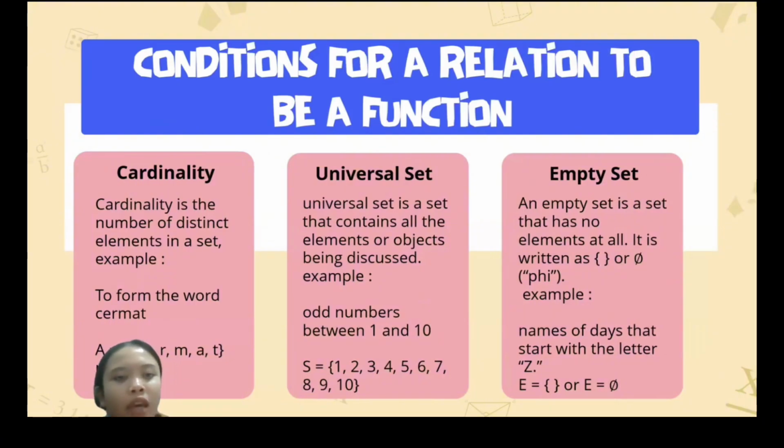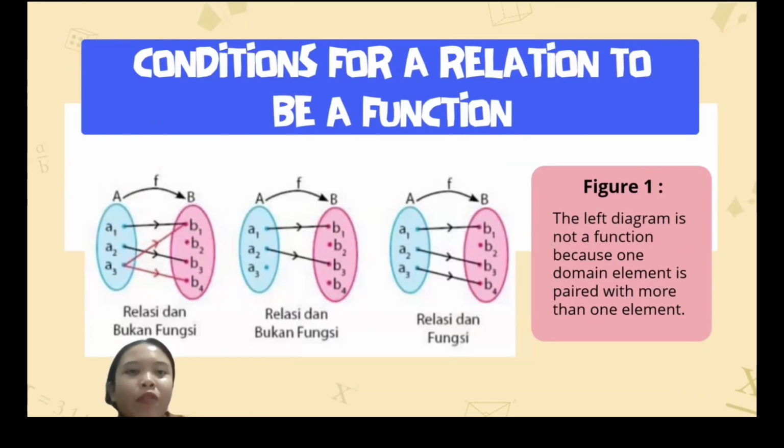To answer that, we can move on to the next topic, which is the condition for a relation to be a function. Now, let's take a look at this picture here.